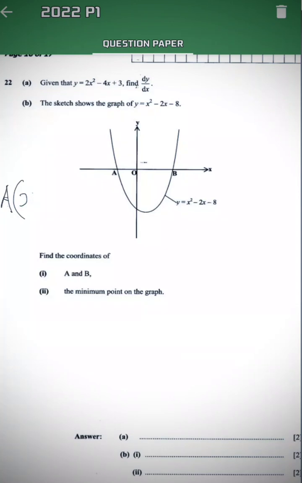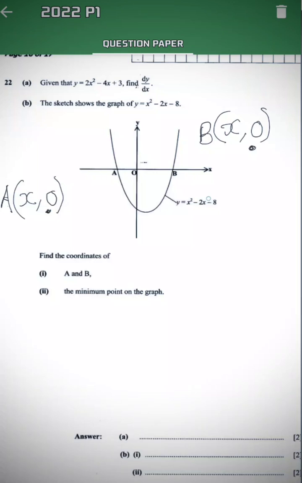So you don't know the x value, but you know the value of y on the x-axis. On the x-axis, y is equal to 0. Even for B, I write it here, x, which I don't know, comma 0. I know that y is 0. So on the x-axis, y is 0.